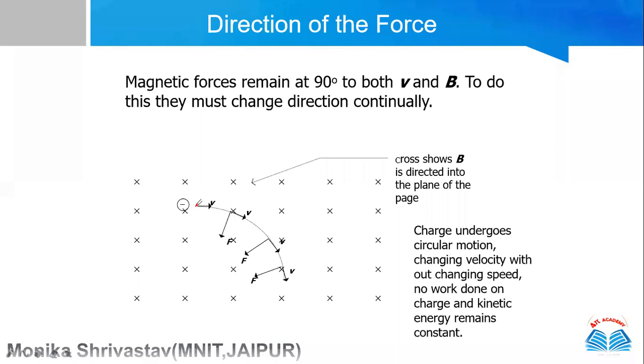If the charge wants to follow a circular path, then the direction of the forces will change, and at last this will become a circle. Like here will be a force, then here, then here, all forces having the direction towards the center.